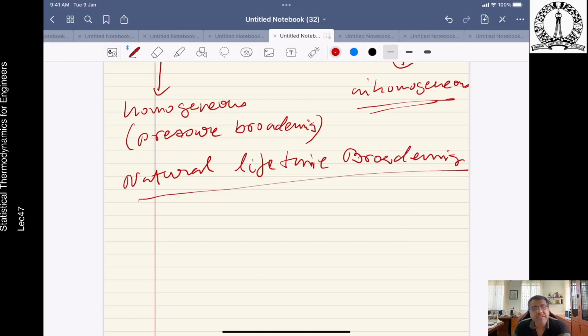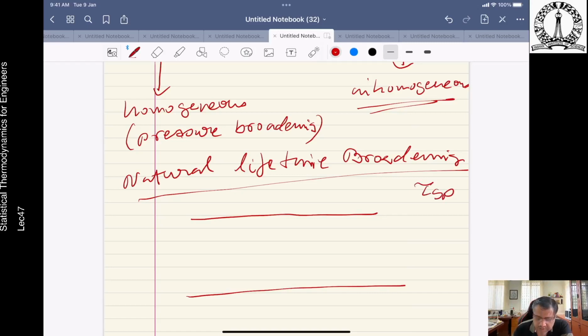So what is natural lifetime broadening? Consider once again a two-level system with an intrinsic lifetime of about tau sp. This is E1, this is E0. The rate A10 is 1 over tau sp, which describes the state of the two-level system in the absence of electromagnetic radiation.